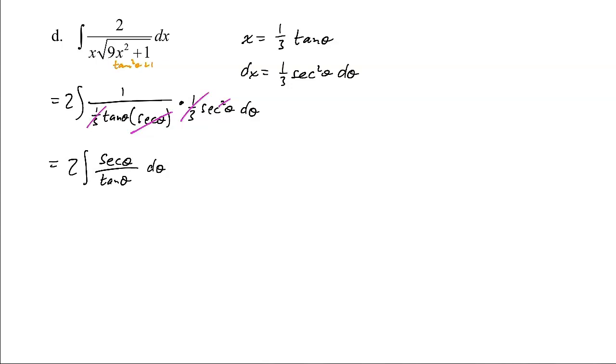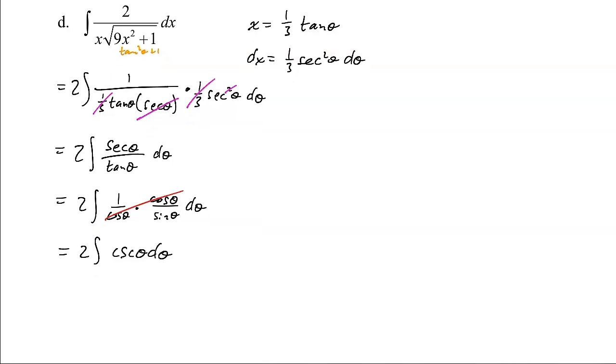All right, secant over tangent. So this is really, if I break this down as sine and cosine, 1 over cosine times cosine over sine d theta. Cosine divided by cosine is gone. 1 over sine is cosecant, so this is 2 integral of cosecant theta d theta.